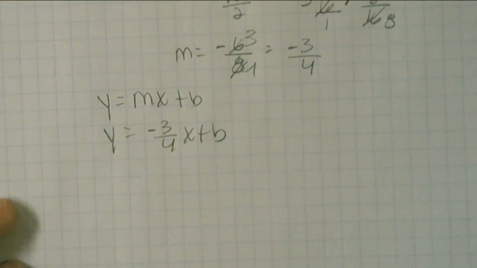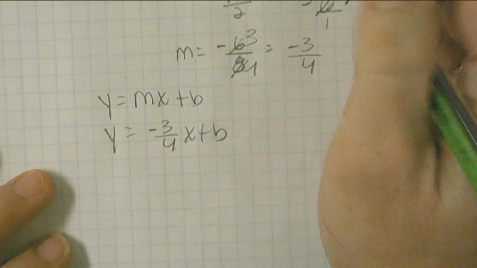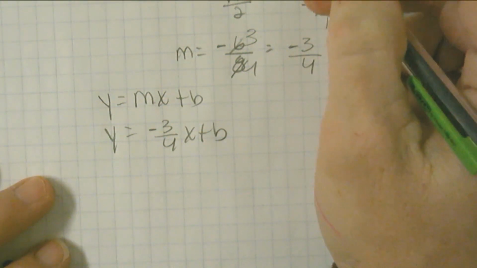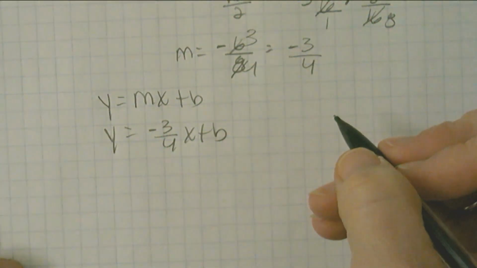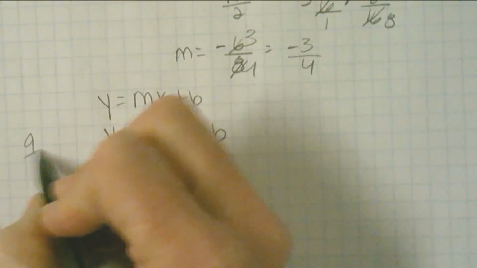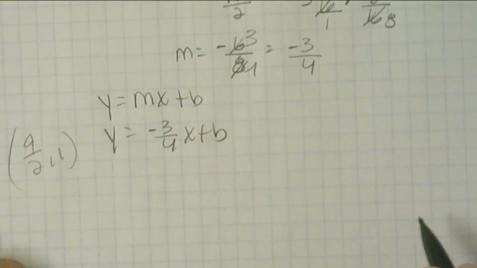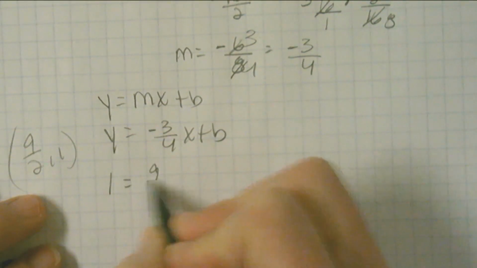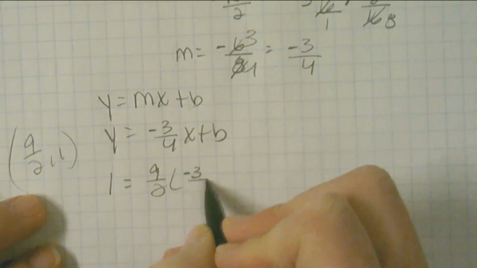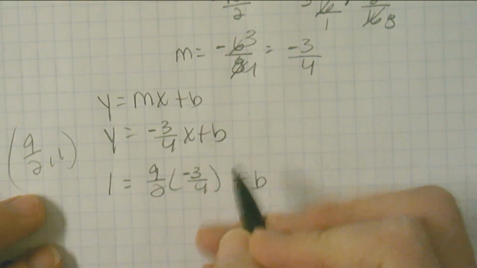All right. I need to, well, neither one of them is going to be very pretty. So I'm just going to use my 9 halves, comma 1. All right, so I have 1 equals 9 halves times a negative 3/4 plus b.